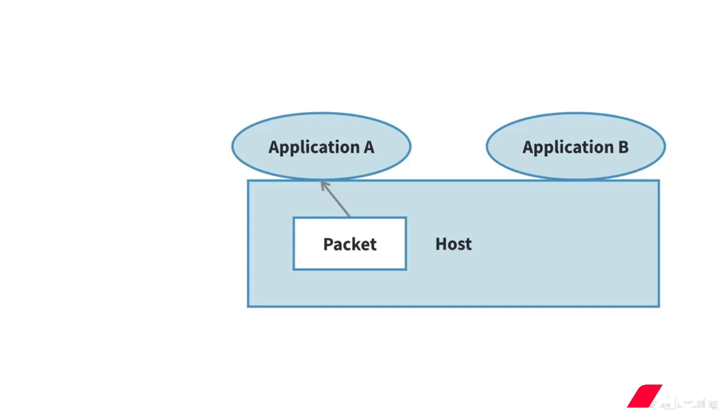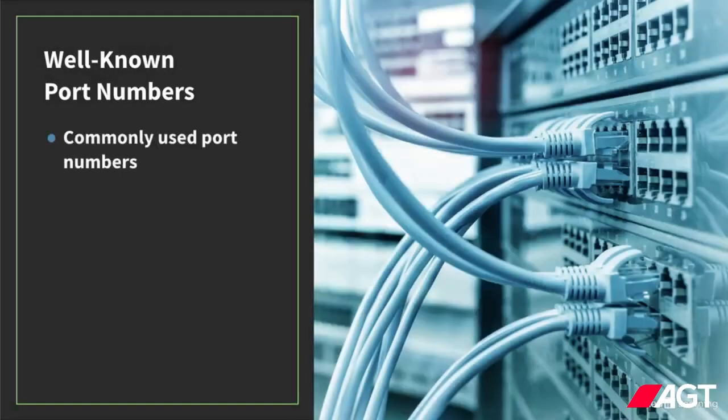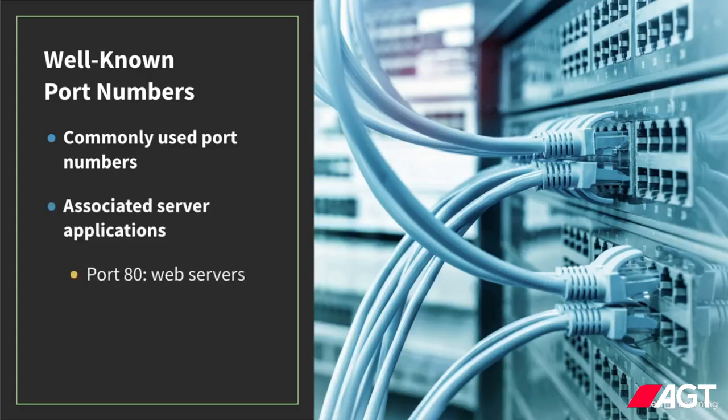Each packet contains a numeric value called port number, which is the last layer of addressing needed to help send the packet to its final destination. The final destination here is a program expecting the packet and running on the destination host. Well-known port numbers are a group of commonly used port numbers associated with server applications. Port 80 is a well-known port number for web servers.